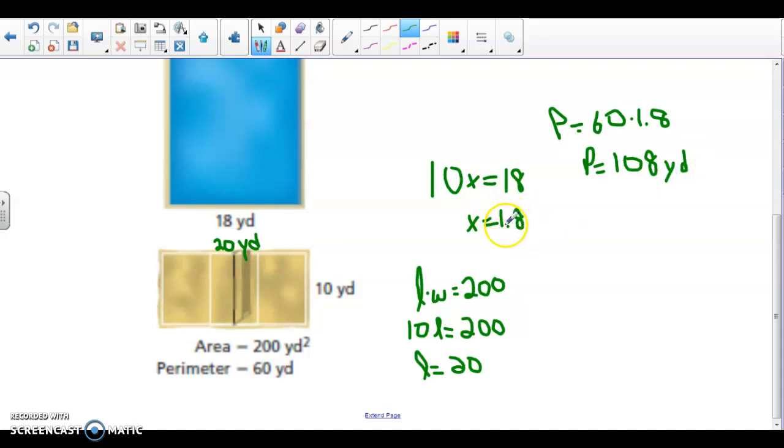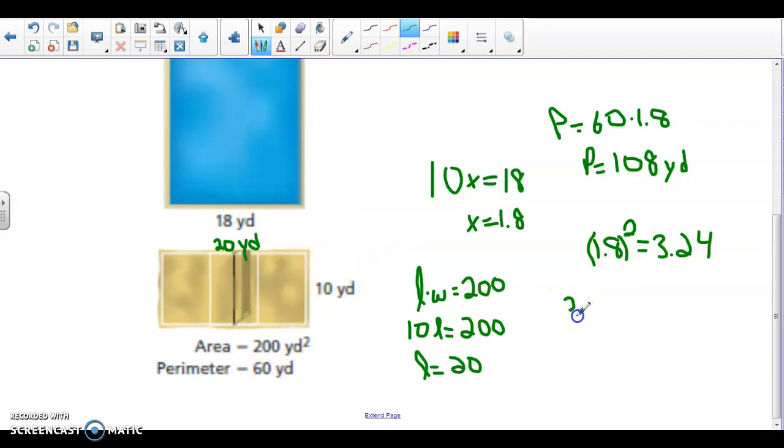Now to find the area, I'm going to take the scale factor and square it. So I'm going to do 1.8 squared, and 1.8 squared is 3.24. With that number, we are going to multiply 3.24 times the area, and that's going to give us the area of the pool.